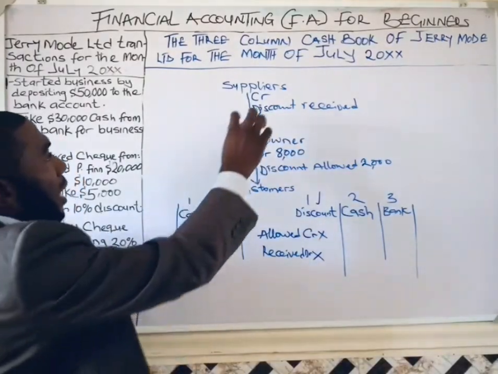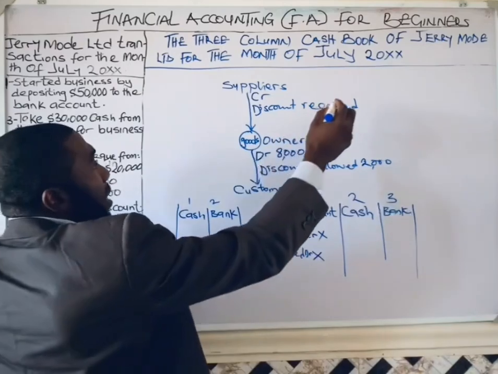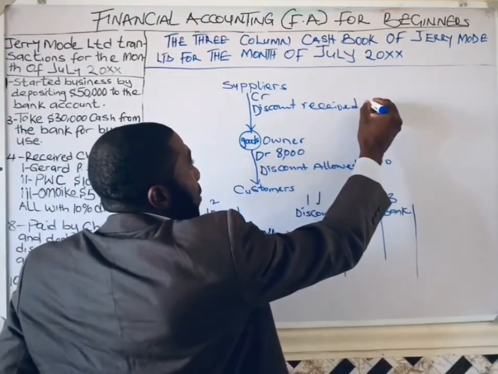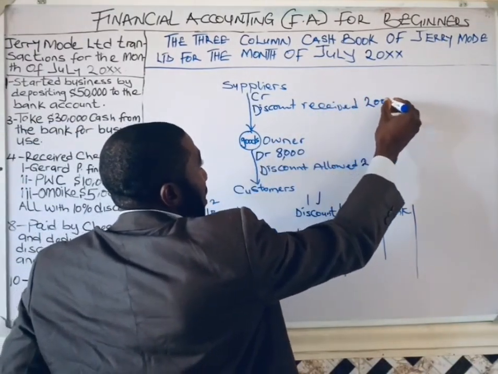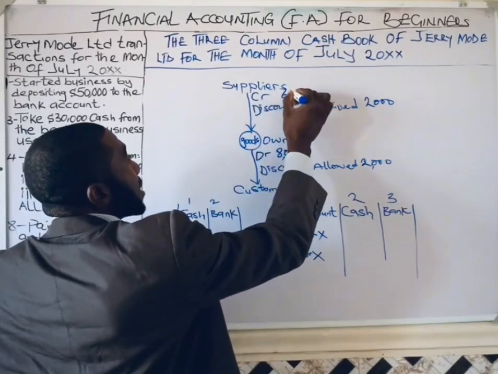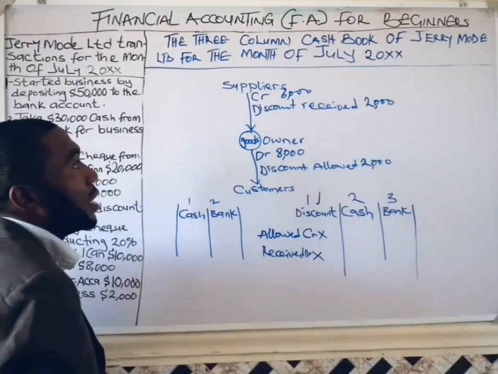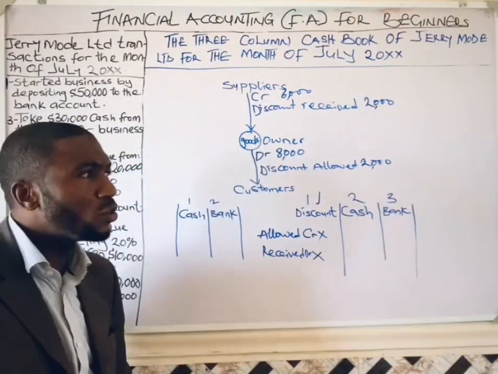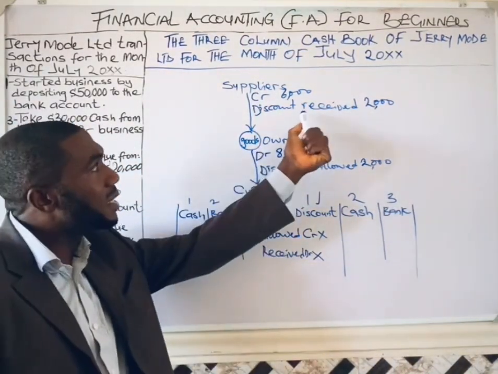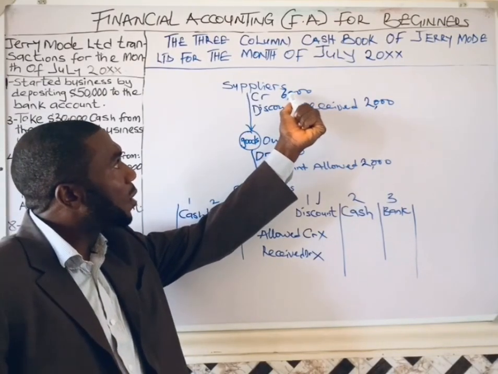So if an accountant sees something like this, he knows that we received a discount of $2,000, for example, and we pay $6,000. This is telling us that what we're supposed to pay in all is $8,000, but we have received a discount for the payment of $6,000.